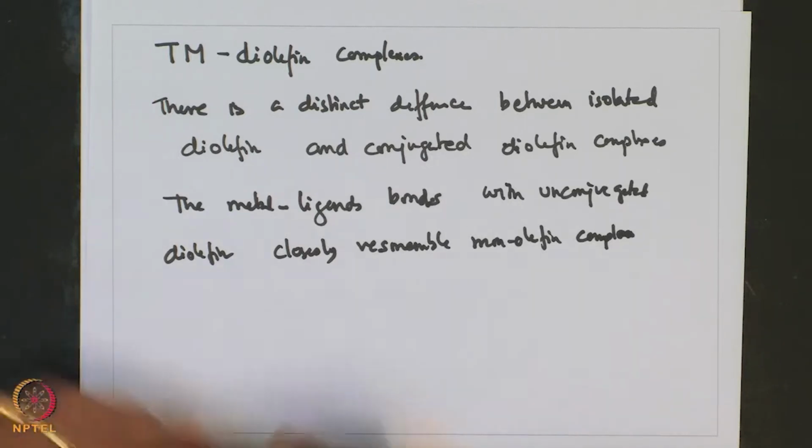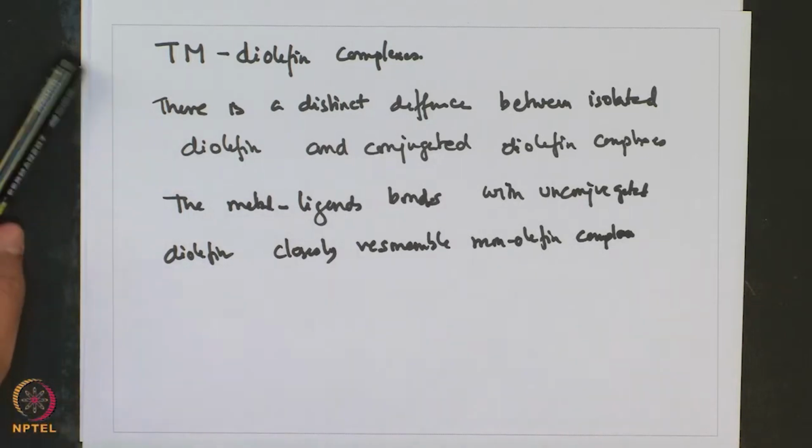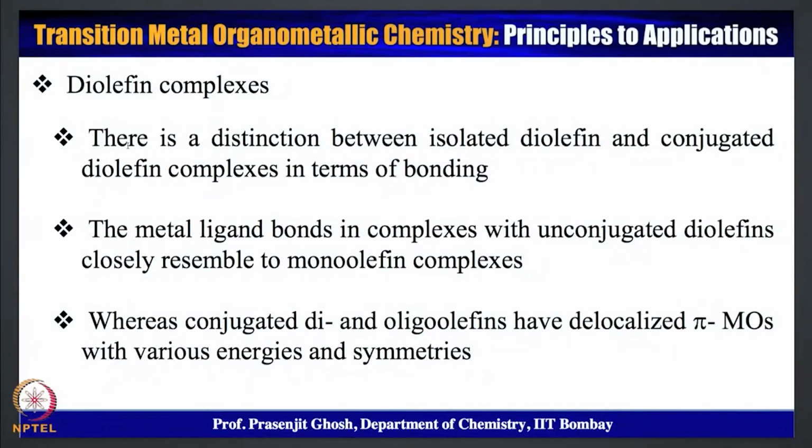So, not only energetically, but also structurally there is a change that is brought in with the existence of conjugation on going from monoolefin to diolefin to oligoolefin complexes.